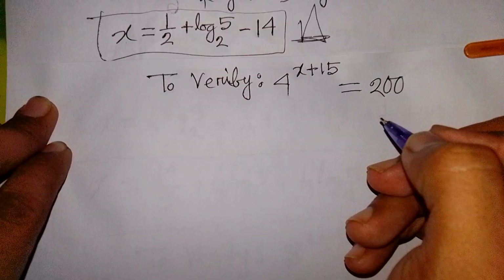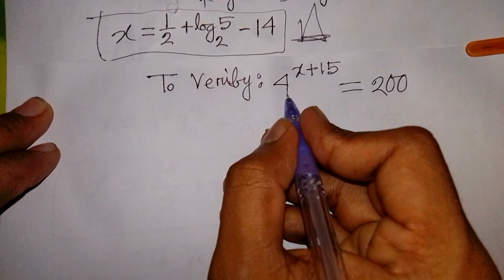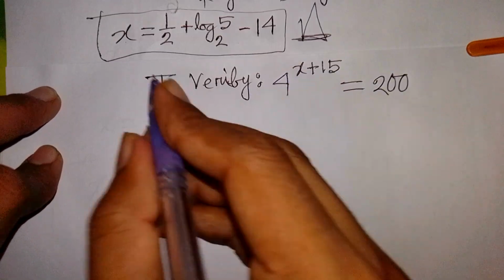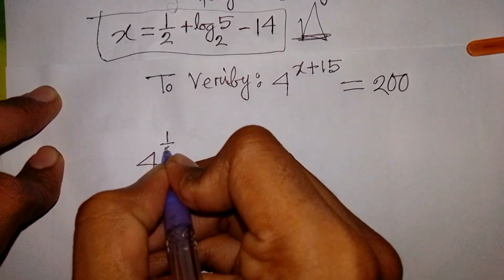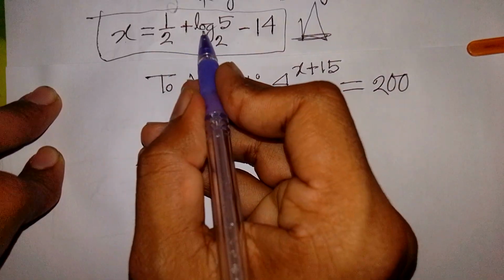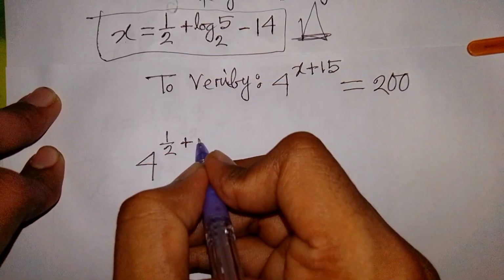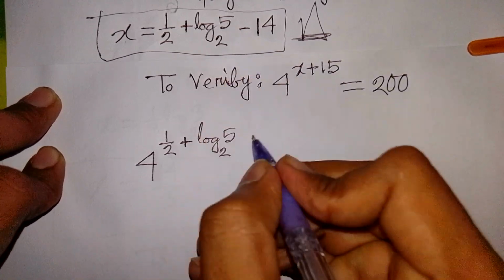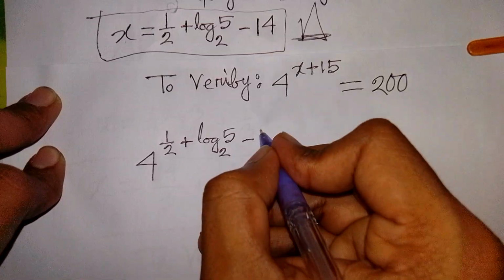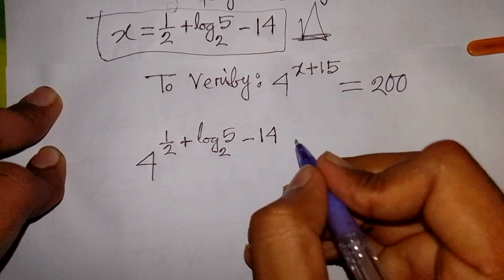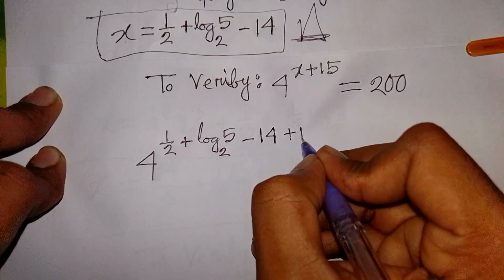Now, 4 power of x, where the value of x is 1 by 2 plus log 5 base 2 minus 14, then here plus 15.